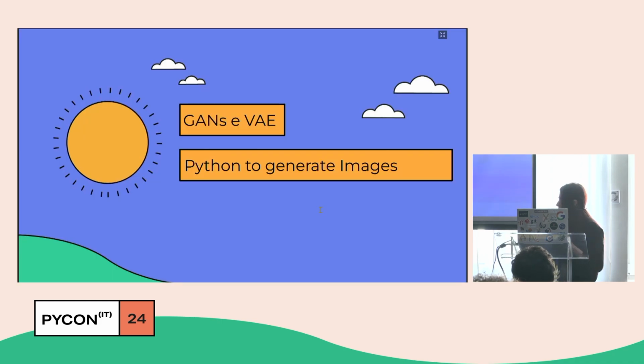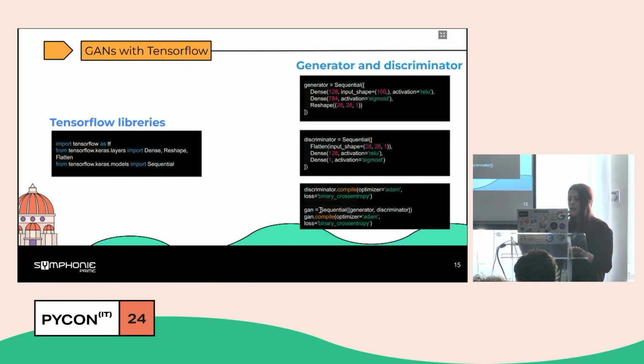So moving to the Python part, I will show you how to build simple architectures by using Python for all of these three main groups of models. Starting from GANs and VAEs, we can build a very simple GAN architecture by using TensorFlow and Keras.